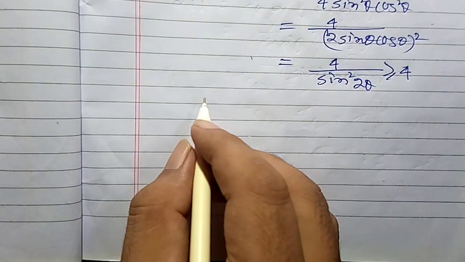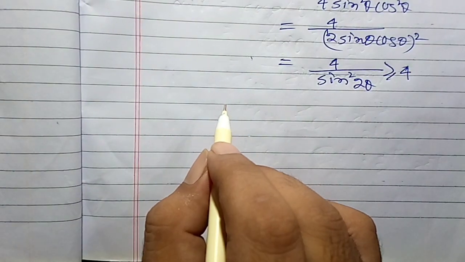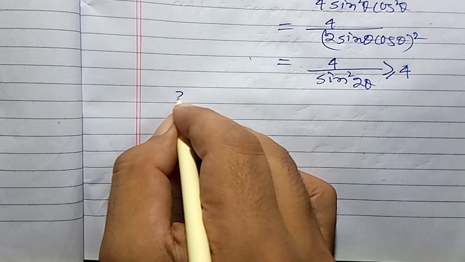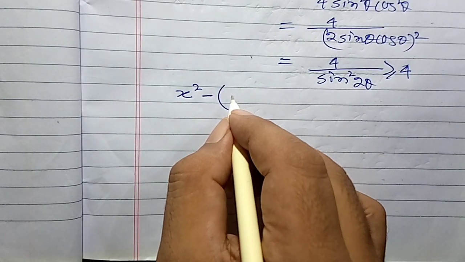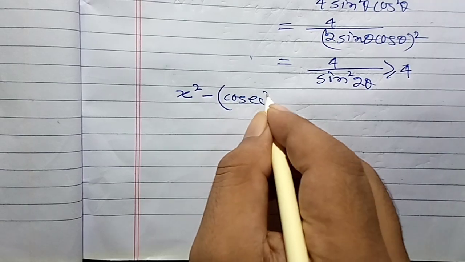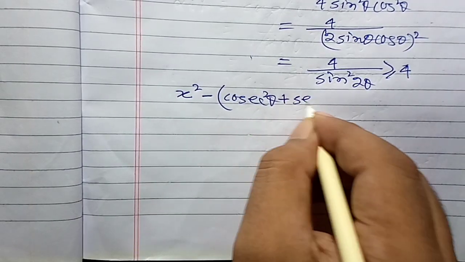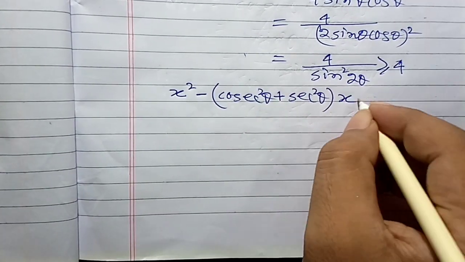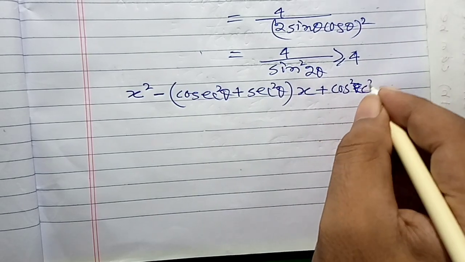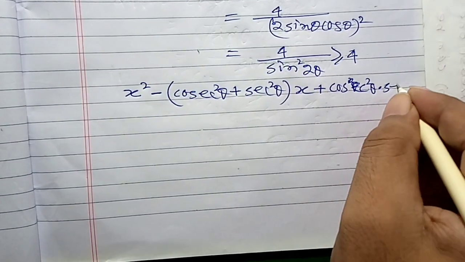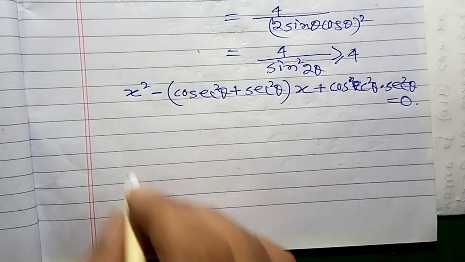So the quadratic equation whose roots are cosec square theta and sec square theta will be x square minus the addition of the two roots, which is cosec square theta plus sec square theta, into x, plus the multiplication of the roots, cosec square theta into sec square theta, equal to 0.